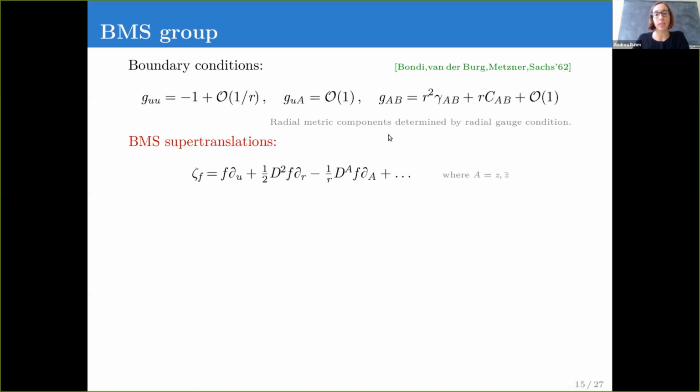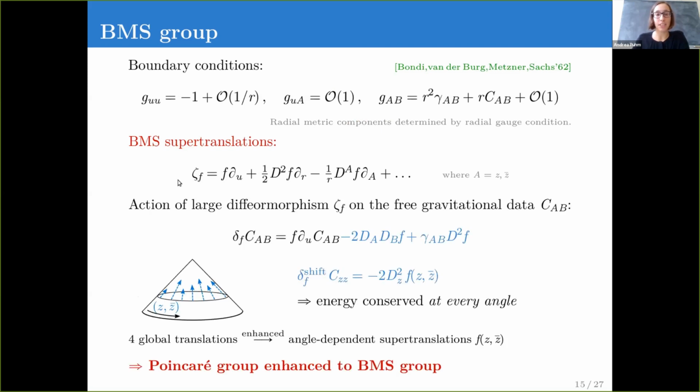So now asking what gauge transformations respect these boundary conditions lands us at the following diffeomorphism vector field zeta. So this is given in terms of a function f, which is an arbitrary function of the angles. The action of this diffeomorphism on the metric, and in particular on the free gravitational data, is given by this expression here, where the blue term highlighted here corresponds to an inhomogeneous shift.